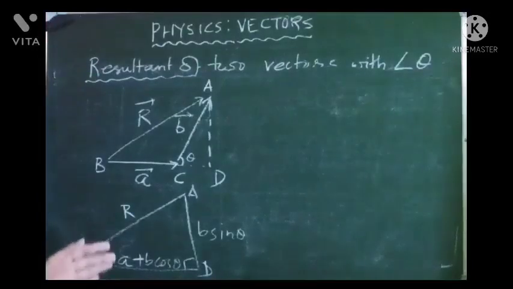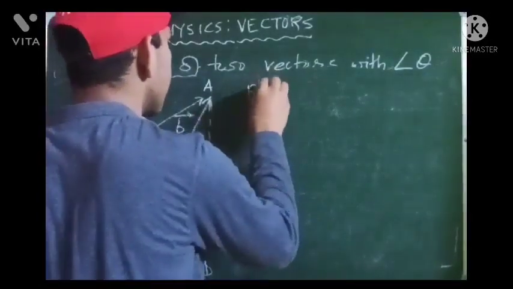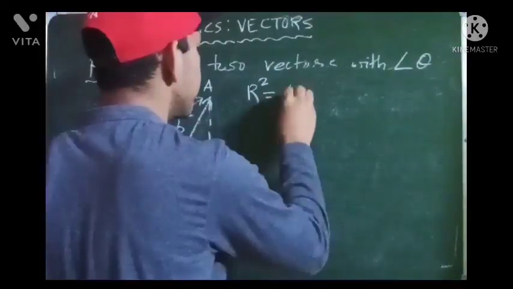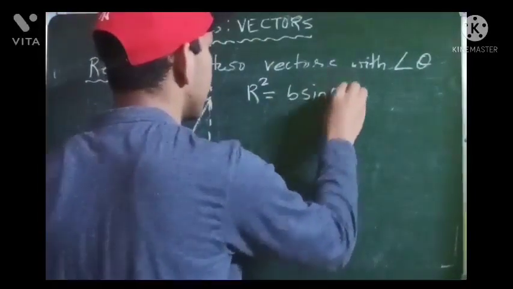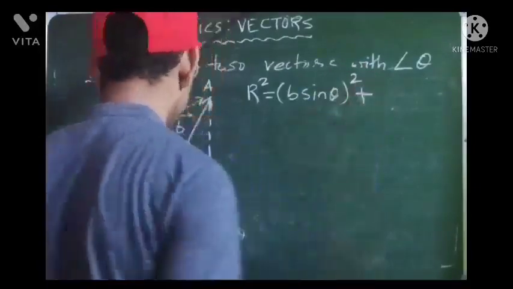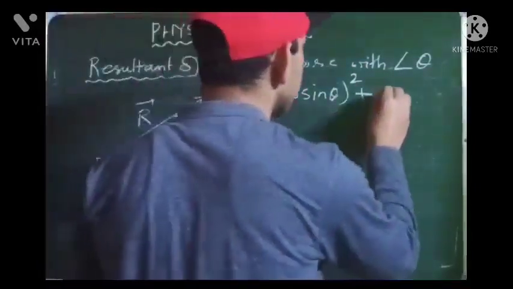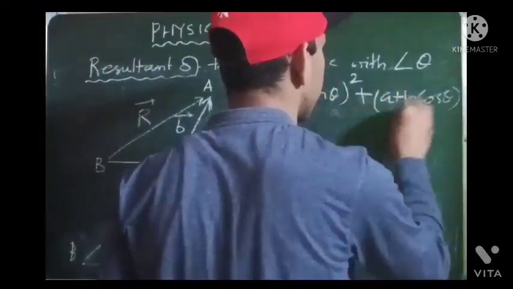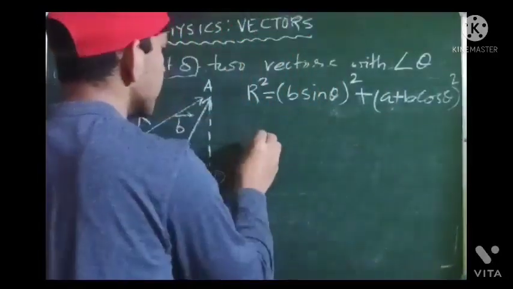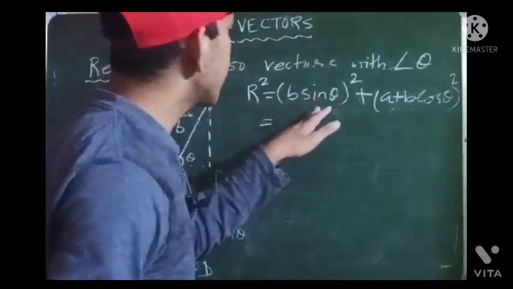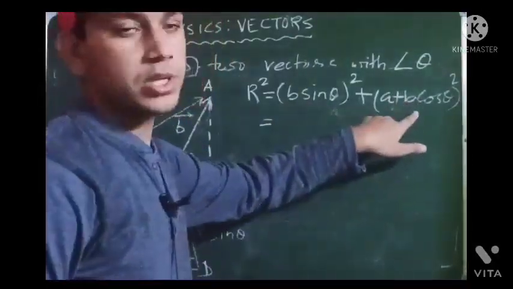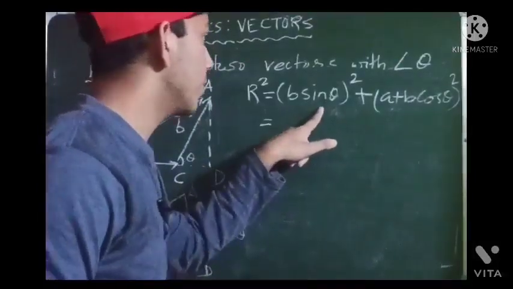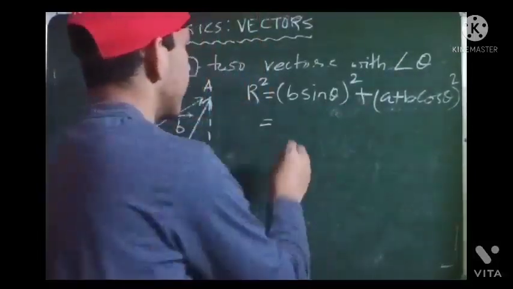By applying the Pythagoras theorem, we get r square is equal to the square of this side, that means b sin theta whole square, plus the square of this side, a plus b cos theta whole square. We are going to get b square sin square theta, and from this expression also b square cos square theta. So if we take b square common from both these terms, we get b square.